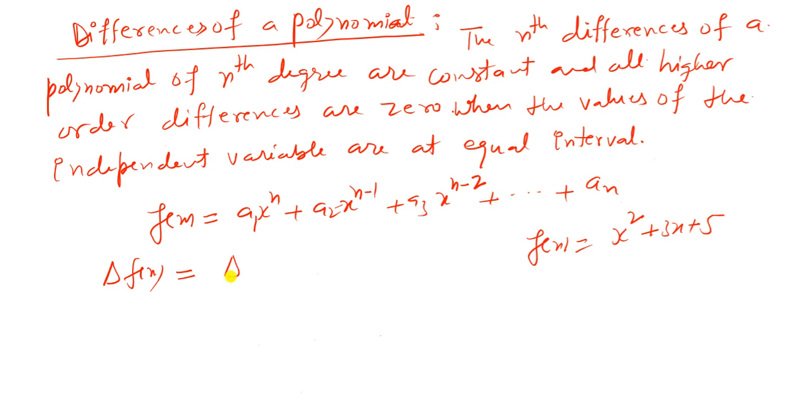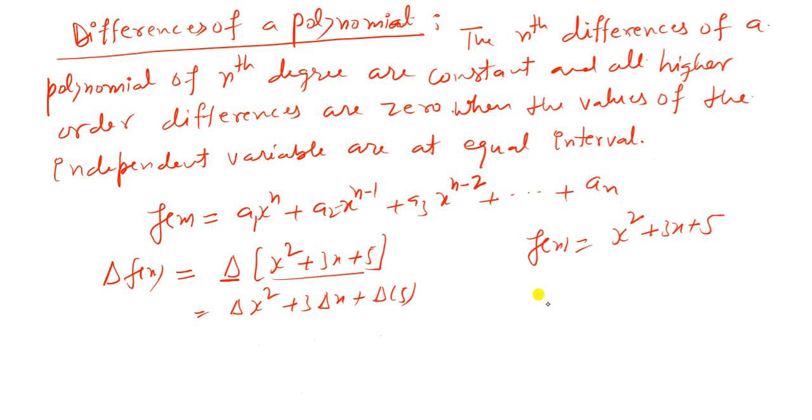So this is Δ(x^2 + 3x + 5). Operating the forward difference operator inside the bracket, we get Δ(x^2) + 3Δ(x) + Δ(5), using the linearity property of a difference operator.